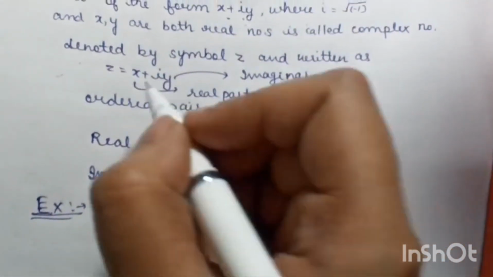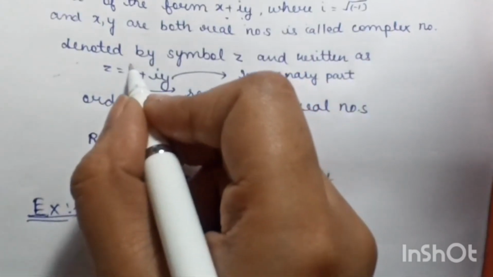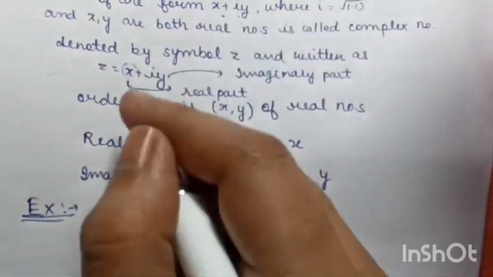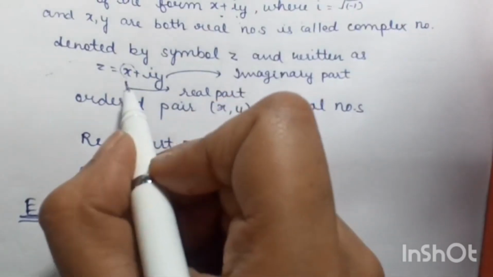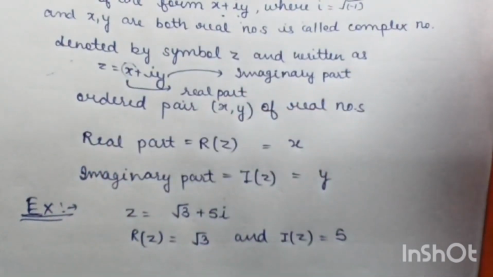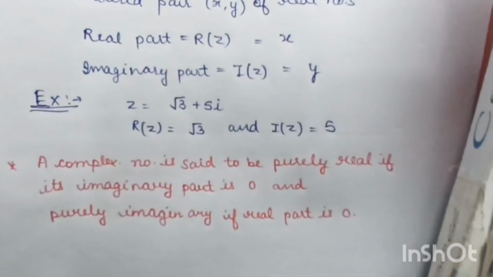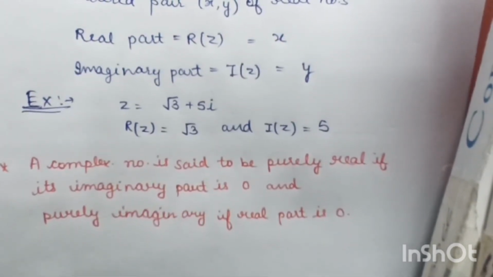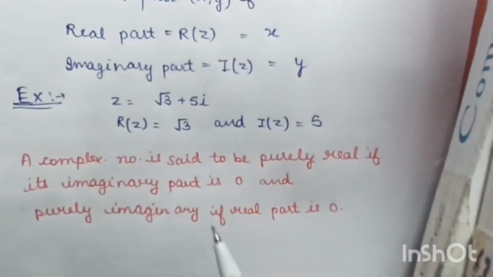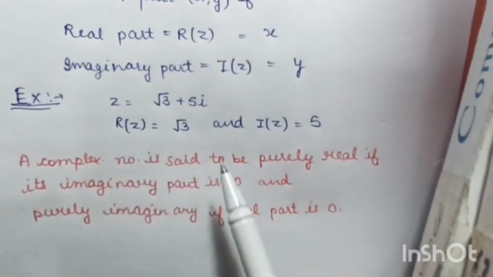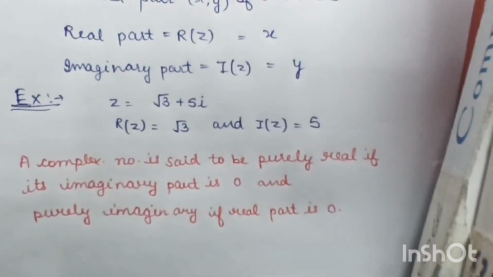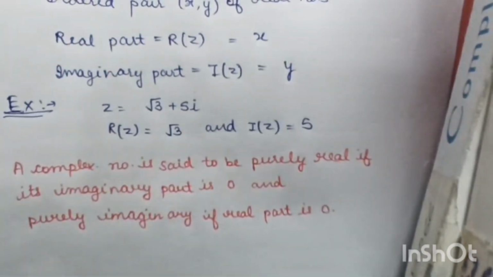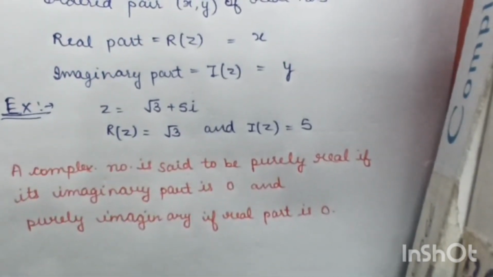A complex number is said to be purely real if its imaginary part is 0, and purely imaginary if its real part is 0. If x is 0, then iota y, the purely imaginary part, is not equal to 0, and if it is purely real, then its imaginary part is 0.